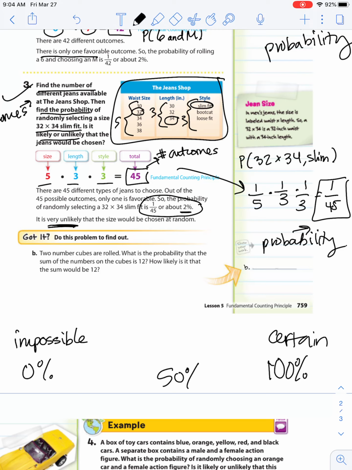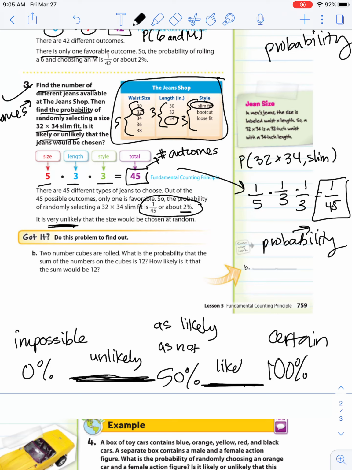And if it's 50%, then they call this as likely as not. So a 50-50 chance, as likely for it to happen as it is unlikely that it'll happen. Anywhere in between 0 and 50 would be unlikely. And anywhere in between 50 and 100 would be likely. So this shows you, using percentages, how you can interpret it into words.